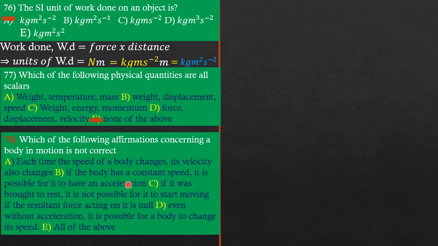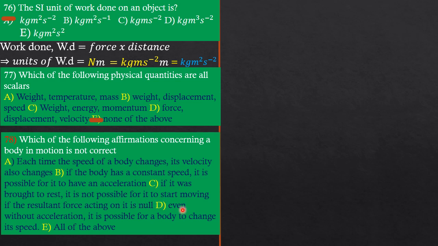If the force is zero, the body will keep on being at rest. But that does not mean that each time the resultant force acting on an object is zero, then the object must be at rest. No. But in this case, since the object already has been brought to rest, the resultant force that should cause the object to be in motion must not be zero.